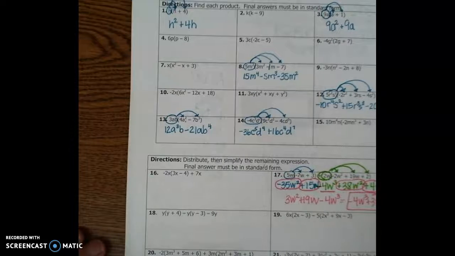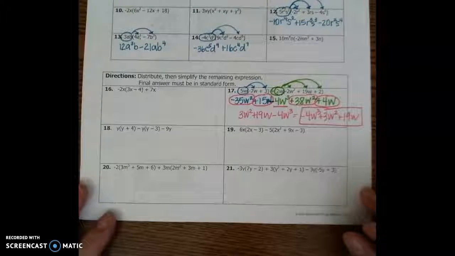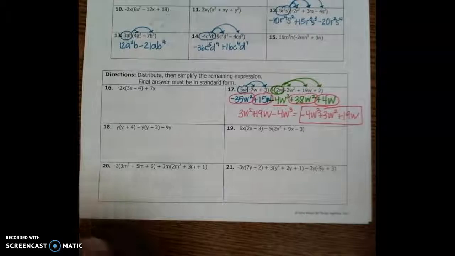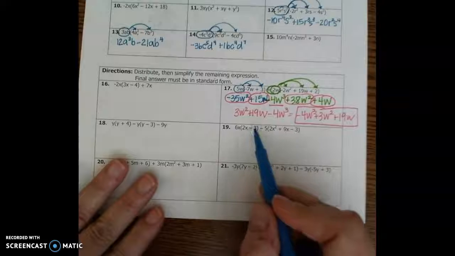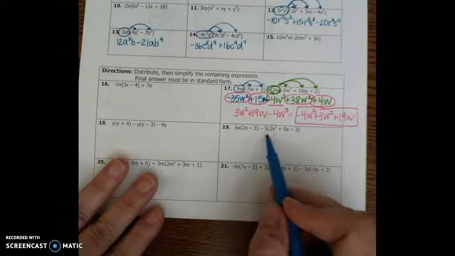And I'll do one of these from the bigger section down below. They're not necessarily harder, it's just a little bit more to keep track of. So let's do 19 here. This is very similar to what we were doing yesterday when we were subtracting, but before we can subtract these two polynomials, we have to distribute through.